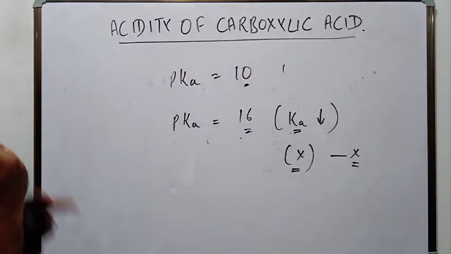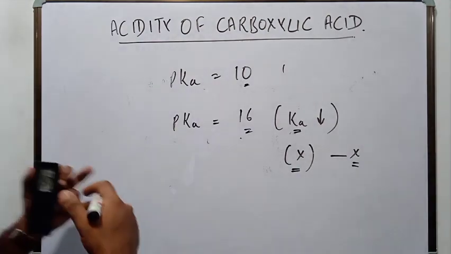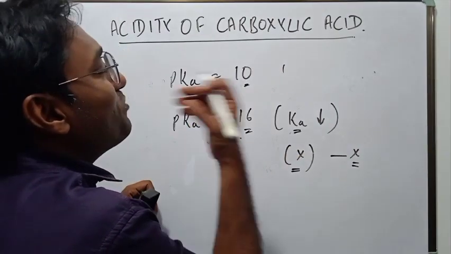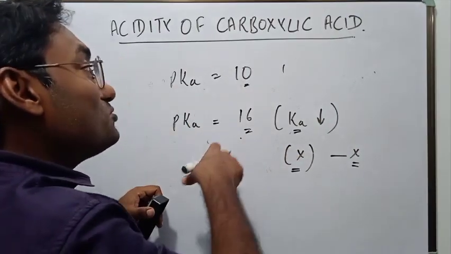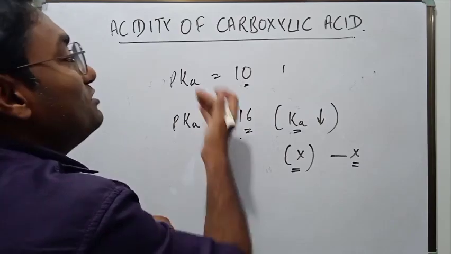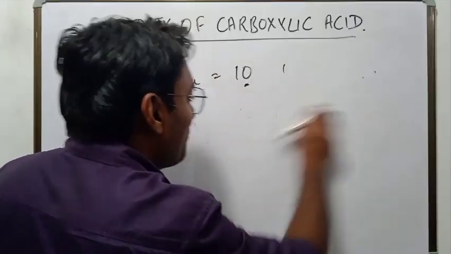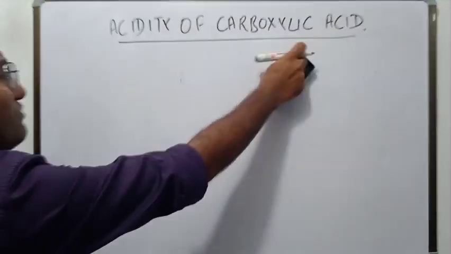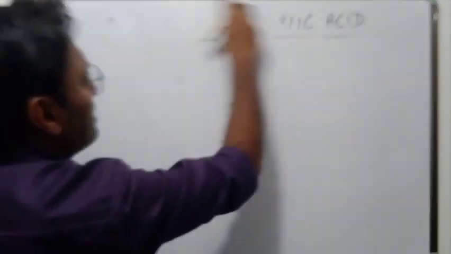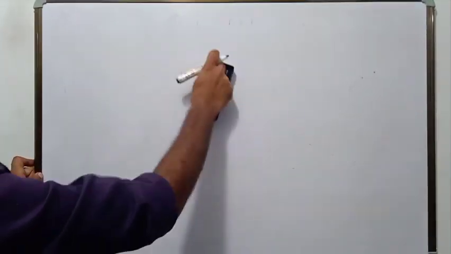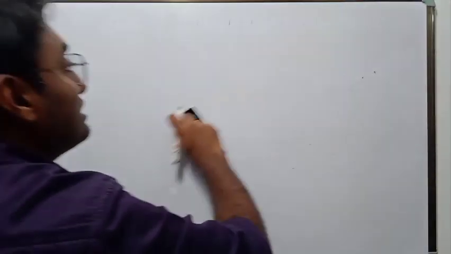Now let us try to reason out why alcohol is not so acidic, why phenol is moderately acidic, and why carboxylic acid is the strongest acid among these. Dear students, I would like to remind you of one thing. Carboxylic acid is strong, no doubt, but it is not as strong as a mineral acid.